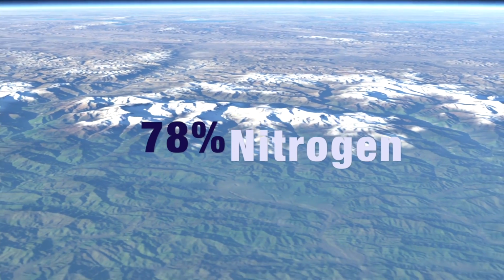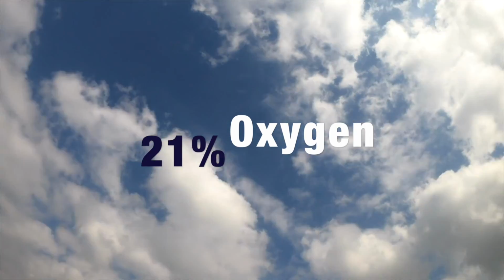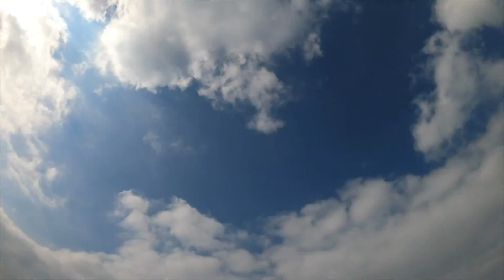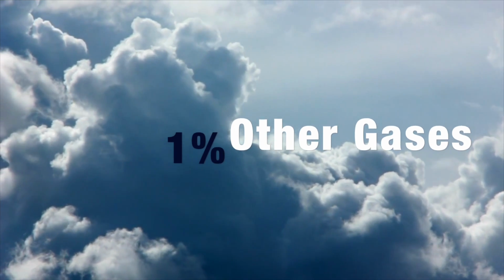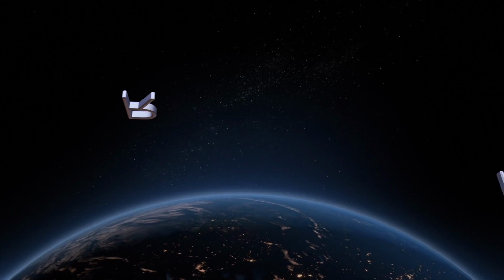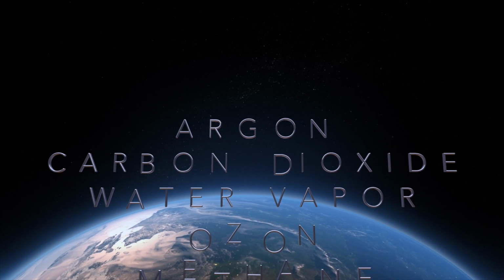Nitrogen is the most abundant gas, making up 78% of the atmosphere. Oxygen actually makes up only 21% of the Earth's atmosphere. And 1% is other gases like argon, carbon dioxide, water vapor, carbon monoxide, ozone, methane, hydrogen, and so forth.